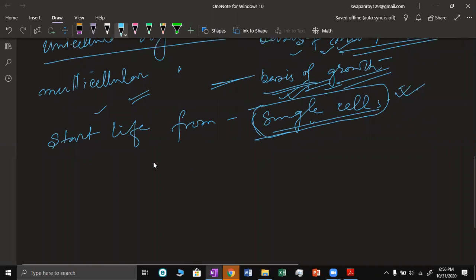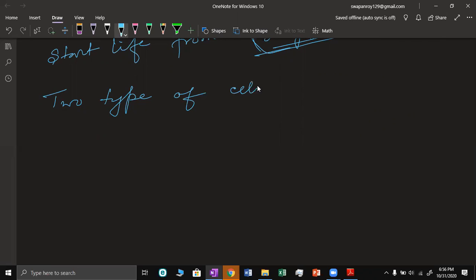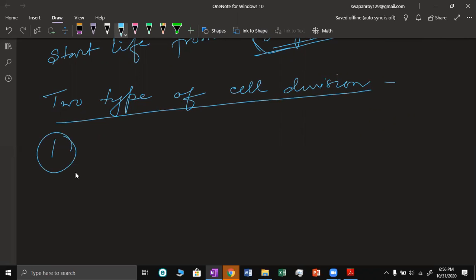So in cell division, there are mainly two types of cell division. One is mitosis and the other is meiosis.